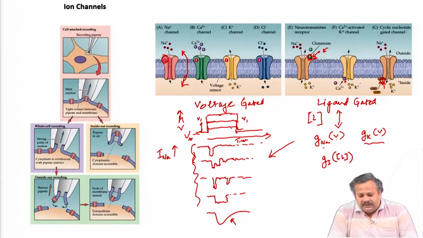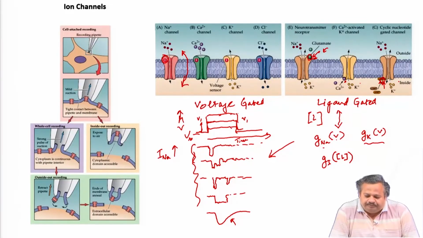The other thing is that there are two types, voltage gated and ligand gated. The voltage gated ones are going to be important in our discussions of spiking, and the ligand gated ones are going to be important for neurotransmitter receptors, in synapses where we have current injection into the postsynaptic neuron.